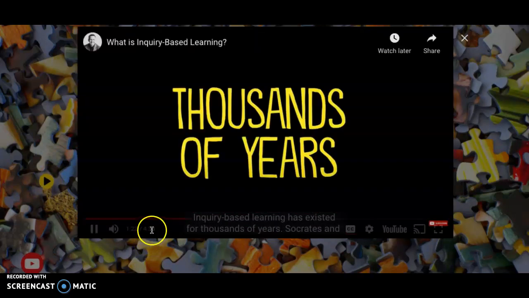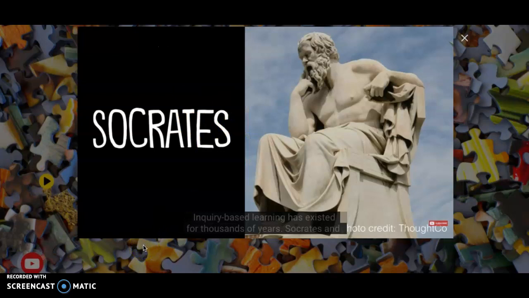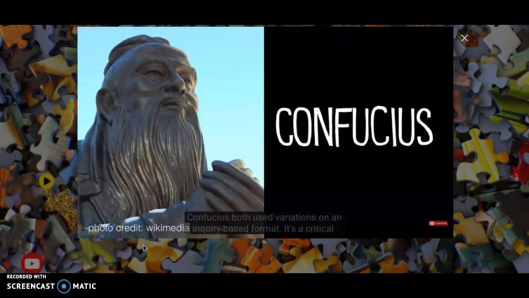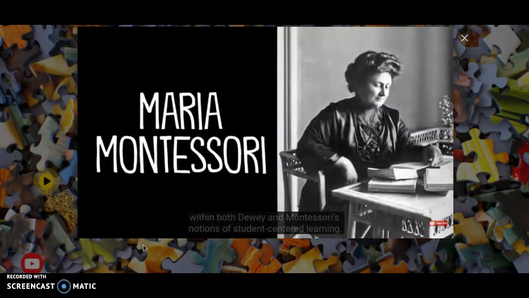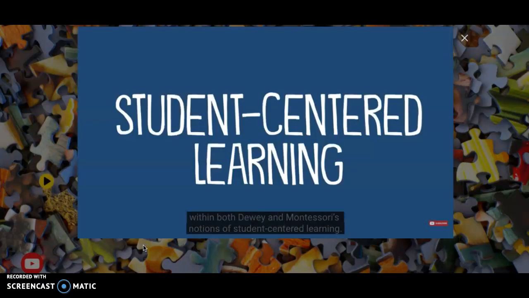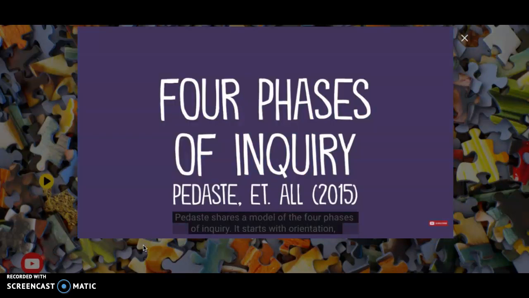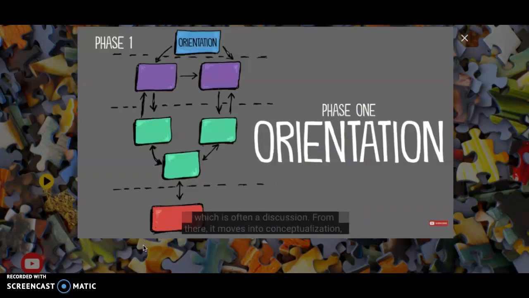Inquiry-based learning has existed for thousands of years. Both Socrates and Confucius used variations on their own inquiry-based format. It's a critical component to the scientific method of the early Enlightenment, and it was a core idea of both Dewey and Montessori's ideas around student-centered learning. Padaste shares a model of the 4 phases of inquiry. It starts with orientation, which is often a form of discussion.